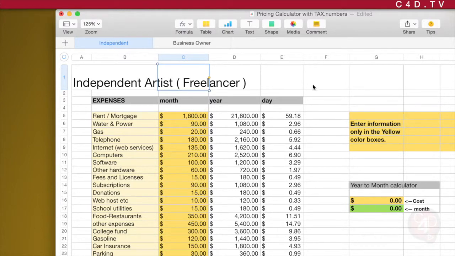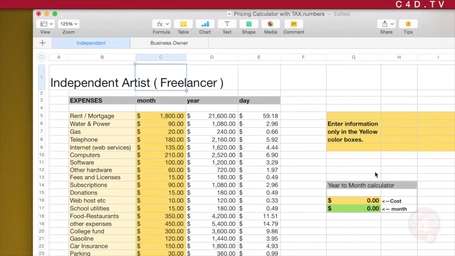The way that this works is that I have this Excel document, or if you're using a Macintosh, a Numbers document, which is a spreadsheet that you can enter information that is only available to you and personal to you, so you can actually calculate your monthly expenses and how much to charge.